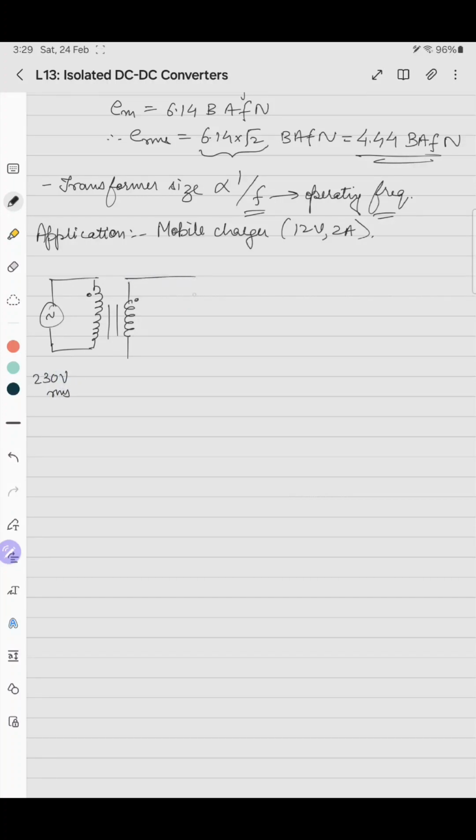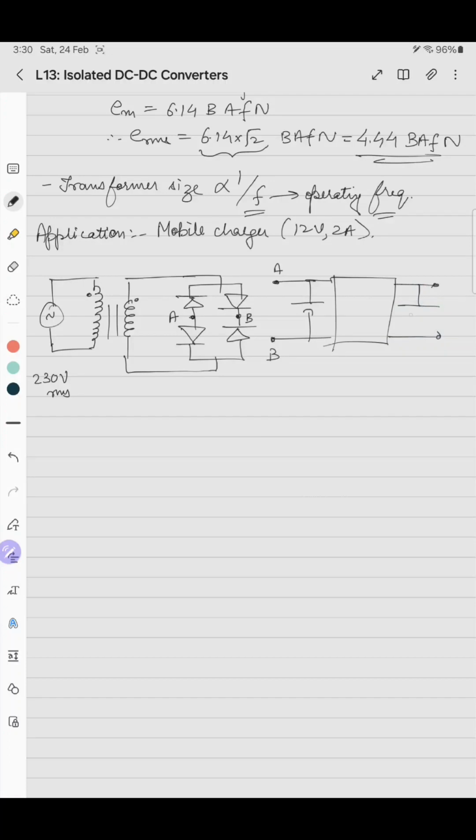After this we have a diode bridge, and these two terminals are brought out, this is B and this is A. Between A and B, you can have a filter capacitor, the capacitor which maintains the voltage, and then a converter giving 12 volt, 2 ampere.